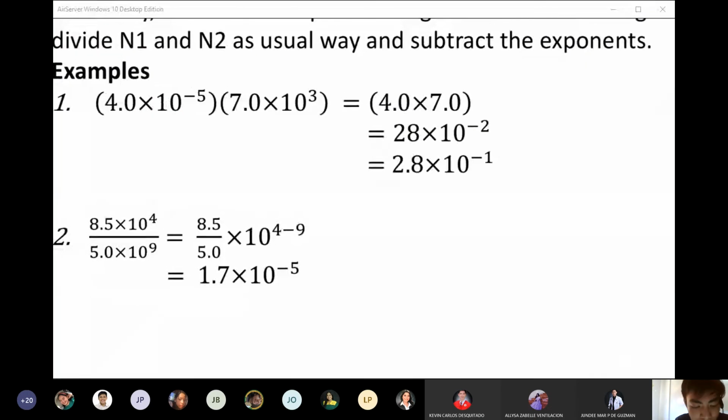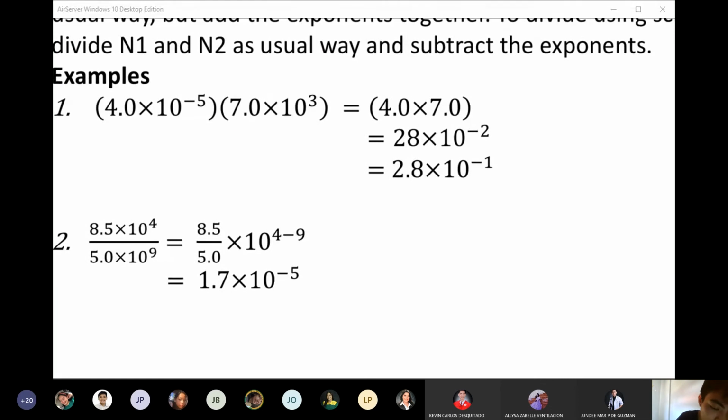So, we will do two separate operations. Separate yung operation for the integer part. So, that's 4 times 7, 28. Then, iba yung operation for the exponent. For multiplication, that's addition. So, you will add negative 5 and 3.